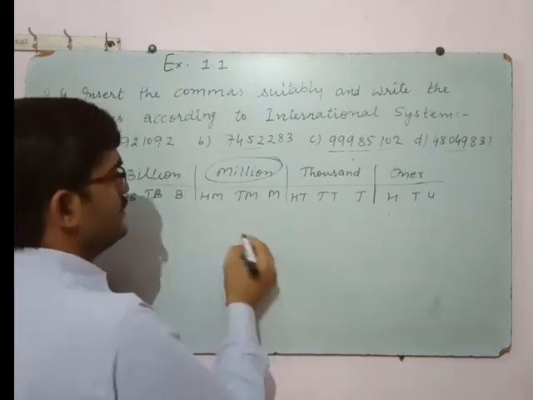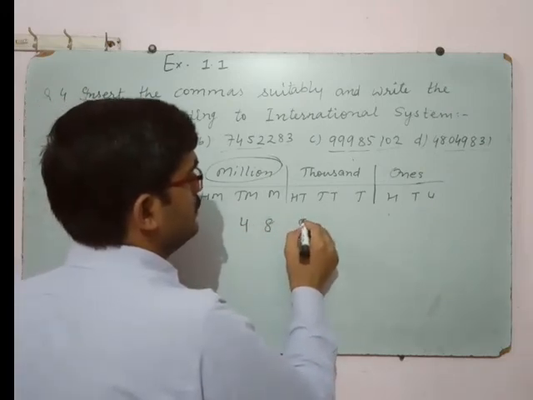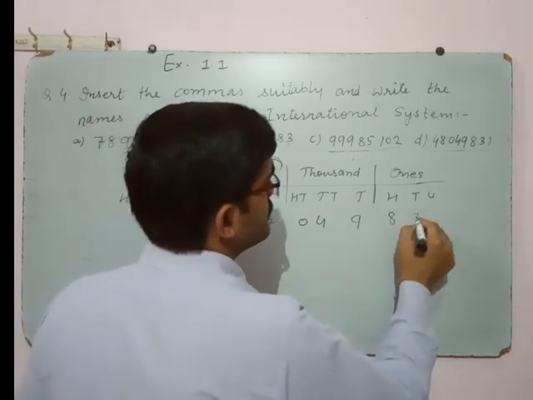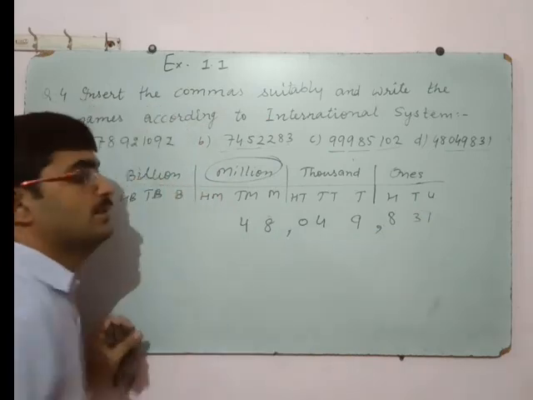Next is 48 9831. So put the comma on three places. Okay.